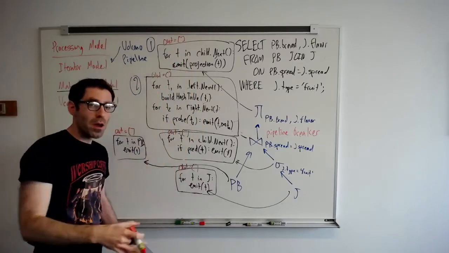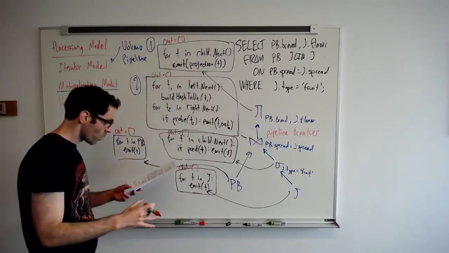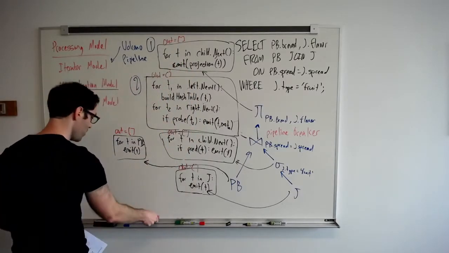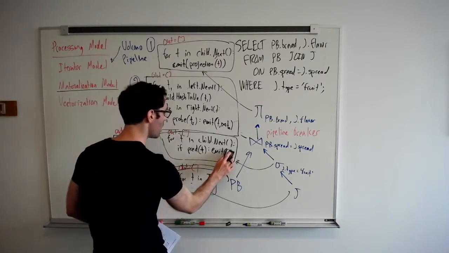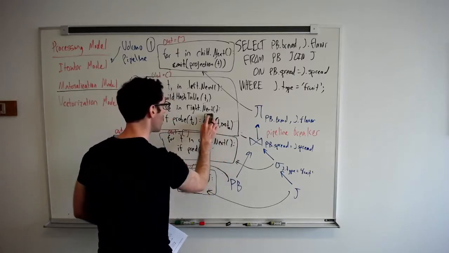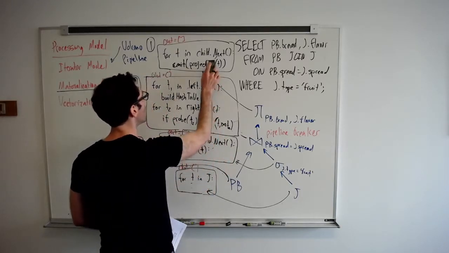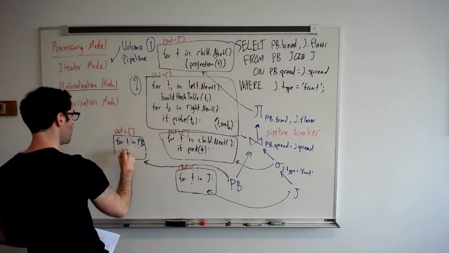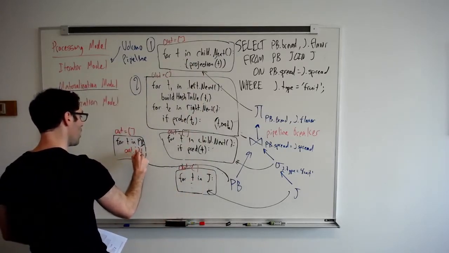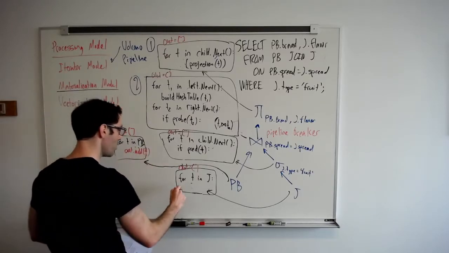And then instead of emitting a tuple one by one, we're going to add it to our output buffer. So all of these become out.add in our pseudocode.